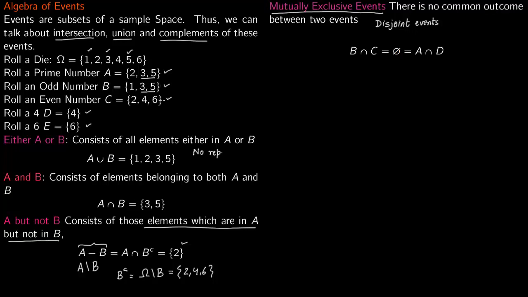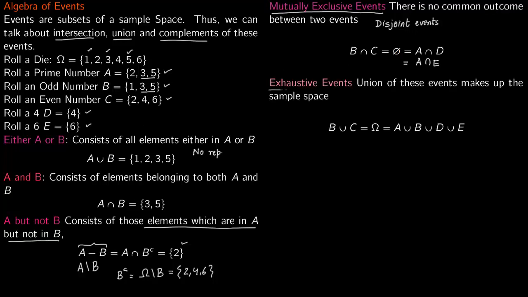So B intersection C is just the null set. Again, A is roll a prime number, 2, 3, 5. Its intersection with roll a 4, D, has no common element. So this is a null set again. This null set will also come if you take A intersection with E, and so on.